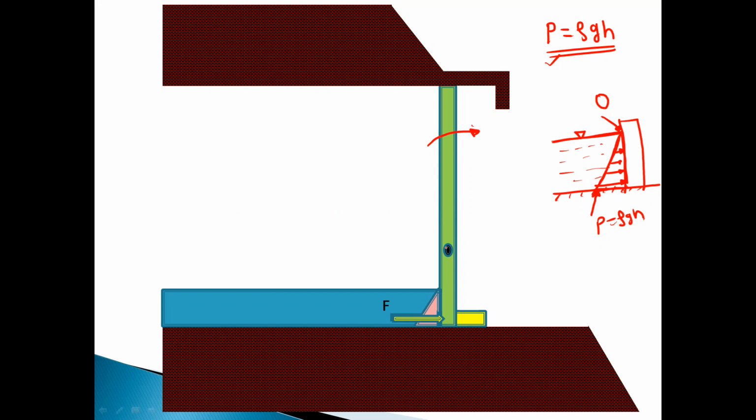So here you can see this is the pivot point. Okay, here we have this stopper. Okay, so when the water level is below this hinge point or the pivot point, the gate will remain in the closed condition because of the stop. Okay, because the net force acts in the downward direction, or below this hinge point.